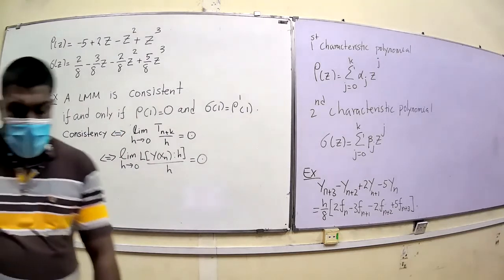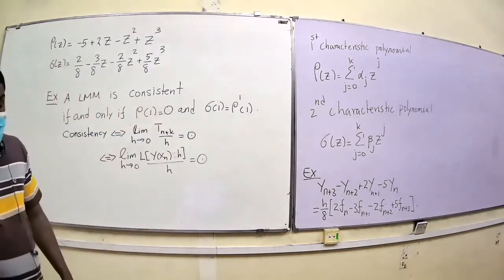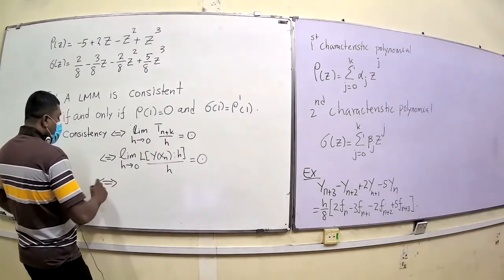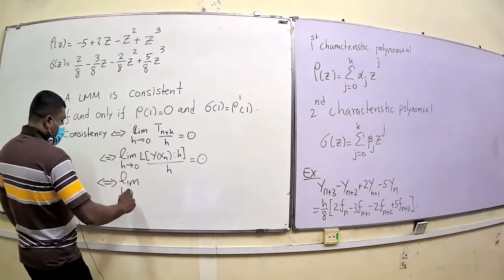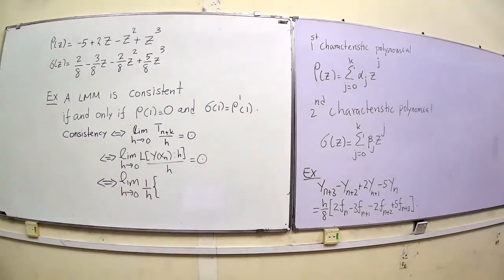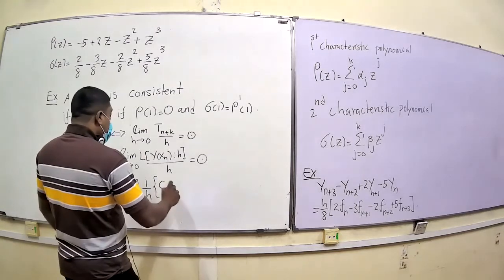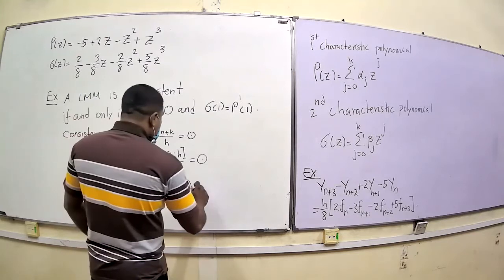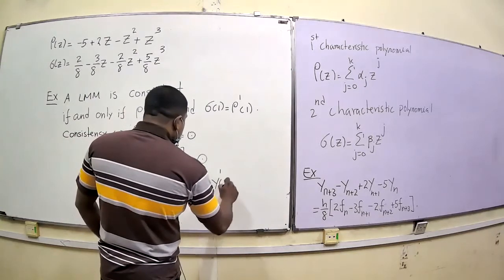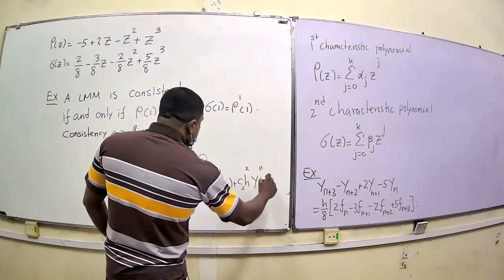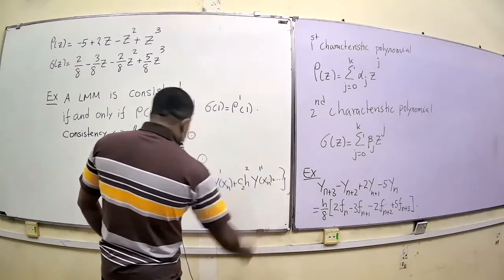But you have a formula for L, from when we talked about order: 1 upon h times L of y at xn, h. We defined a formula in terms of c0, c1, c2, c3, and so on: c1 h y prime of xn plus c2 h squared y double prime of xn, and so on.